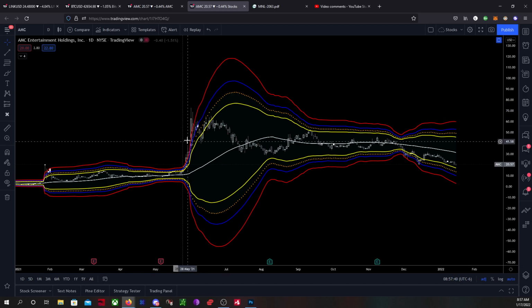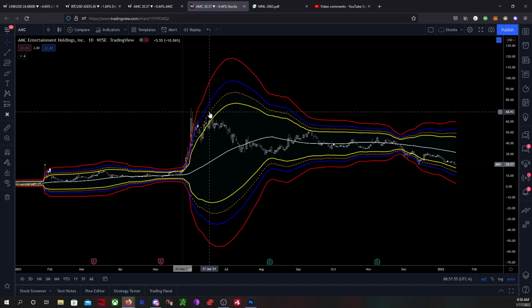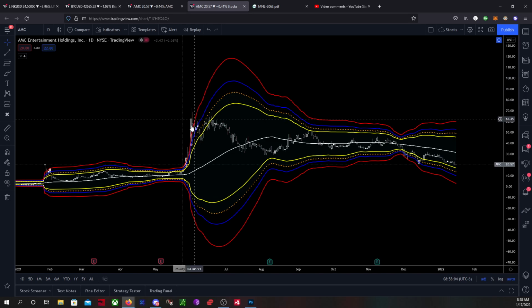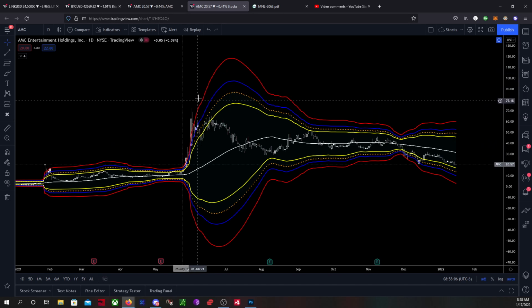And then what ends up happening is it loses its momentum and it starts trading sideways. As price moves outside of the Bollinger Bands, what that's telling me is that it's not keeping up with its speed. Because in order for it to stay in between the blue and red Bollinger Bands, it has to keep ripping and ripping and ripping, meaning that the momentum is still there. It's still pushing higher. It's still climbing.